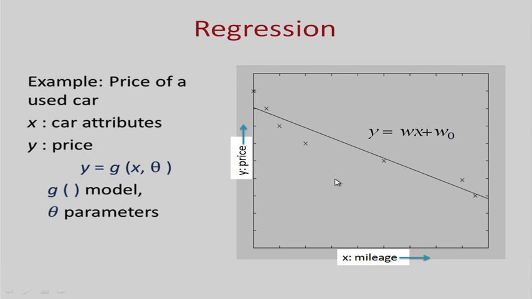Given the mileage and price of several cars, you have the data points and you can come up with a function, so that given a new car whose mileage is given, you can predict the price. So, in regression you come up with a function which takes as input the input instance and the parameters of the model.